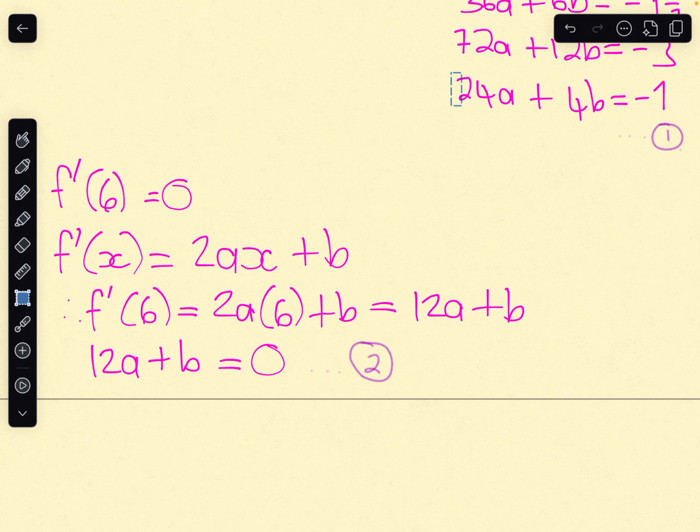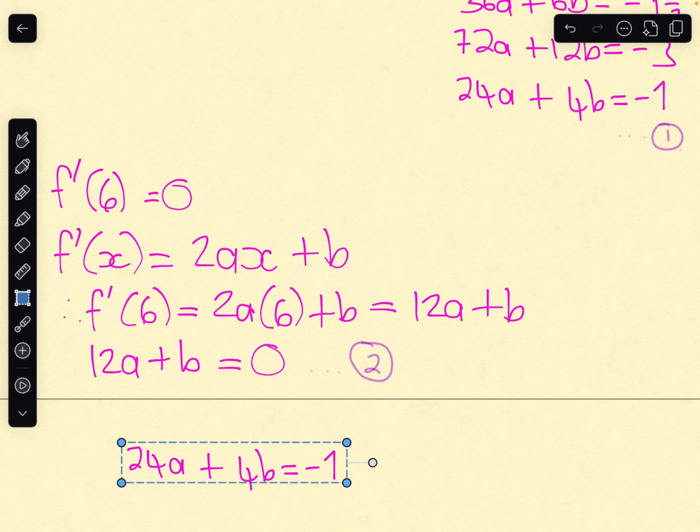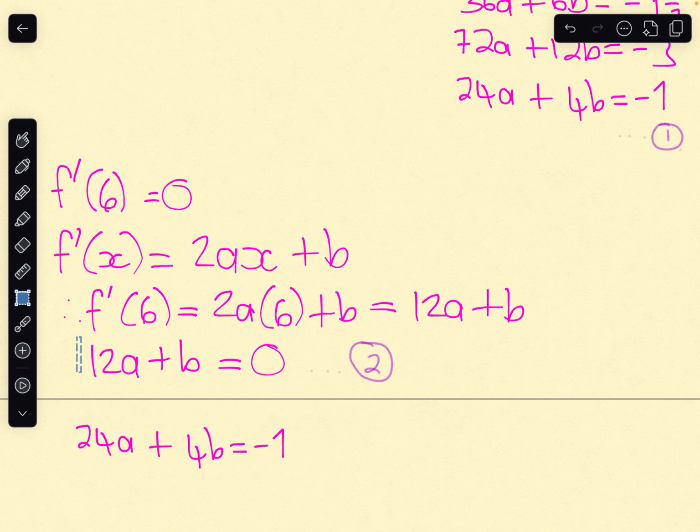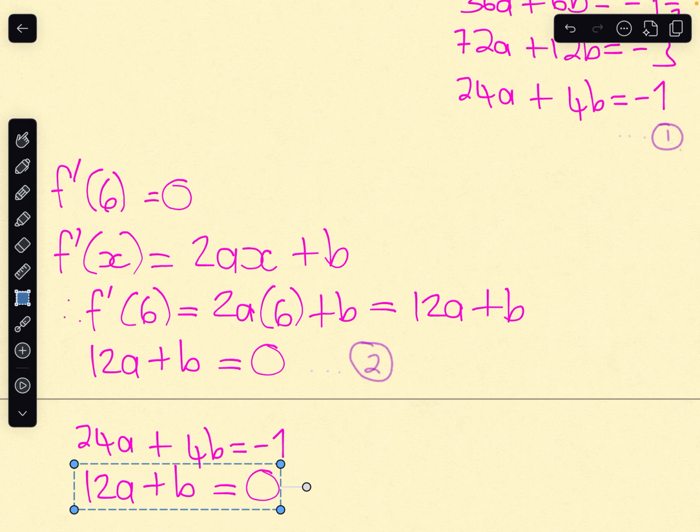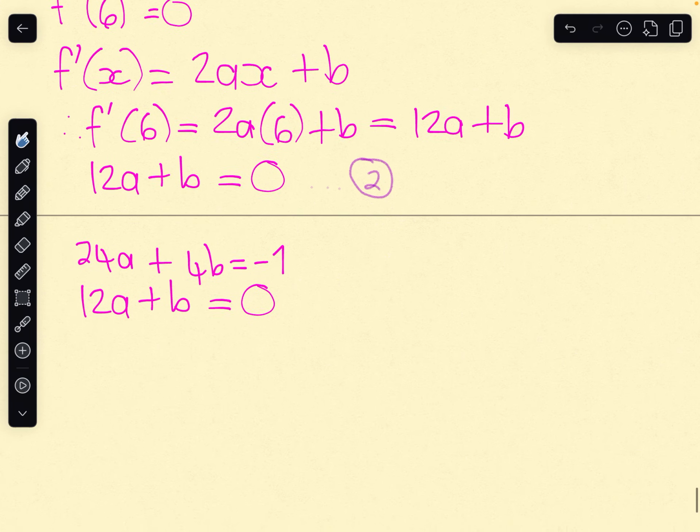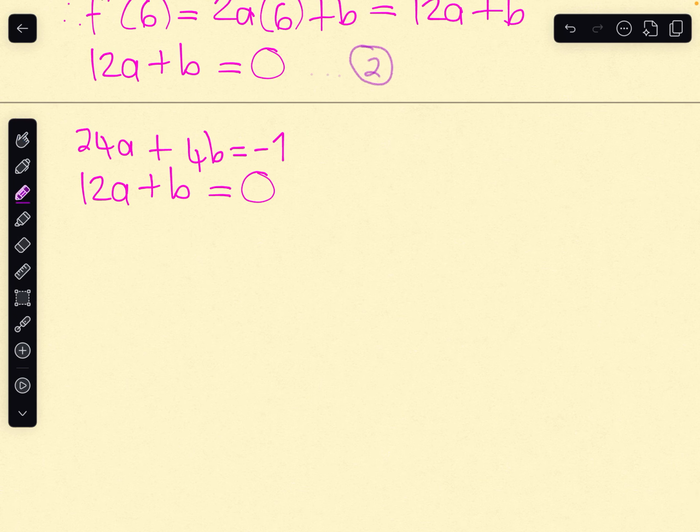So the first equation we have is this guy, and then the second equation we have is this guy. Right, if you know me, you know that I love to solve by elimination, so I can immediately see that there's an opportunity very close by to eliminate the a's if I just times this by 2.